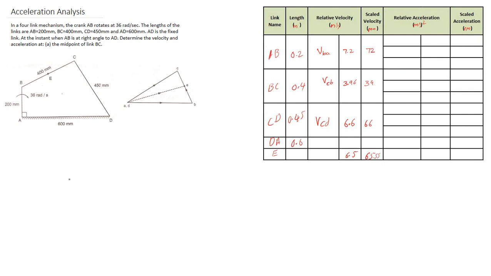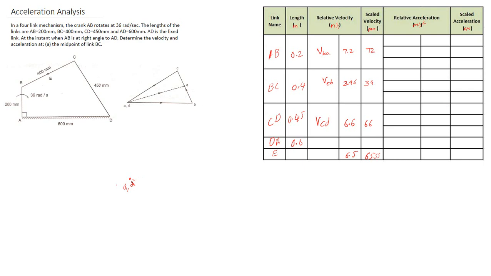We are starting the acceleration analysis. First of all, we have to mark the fixed points. Here A and D are the fixed points, so I am marking them as A dash, D dash.